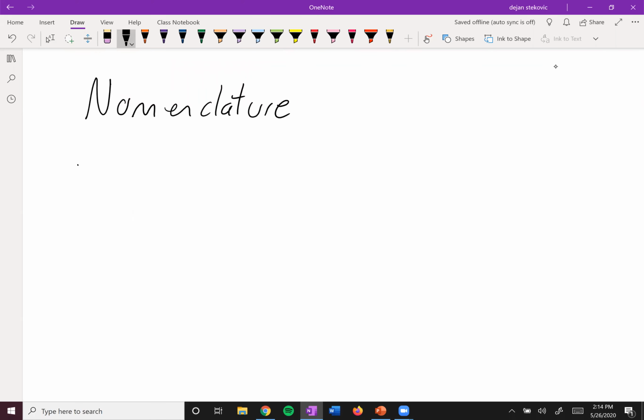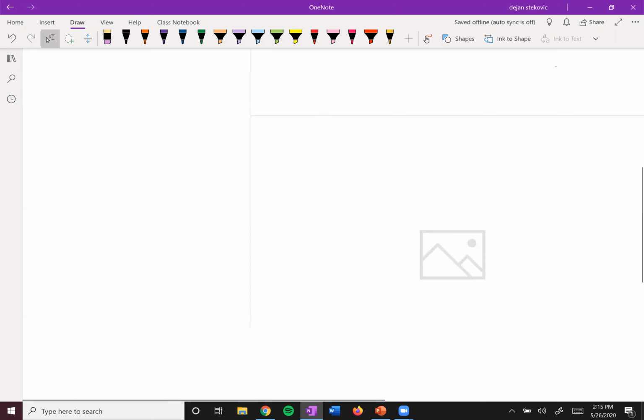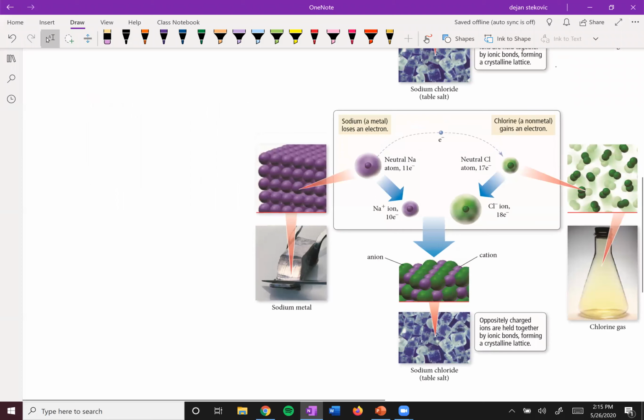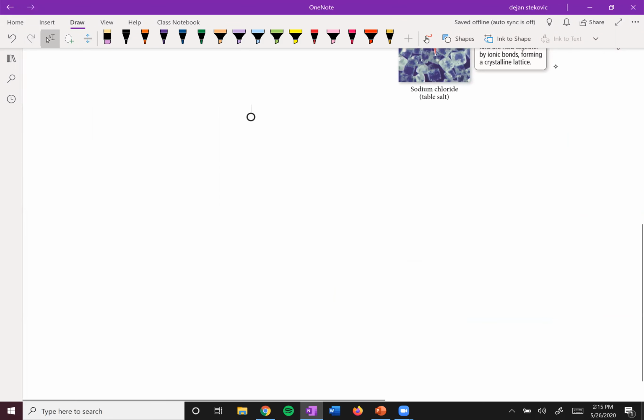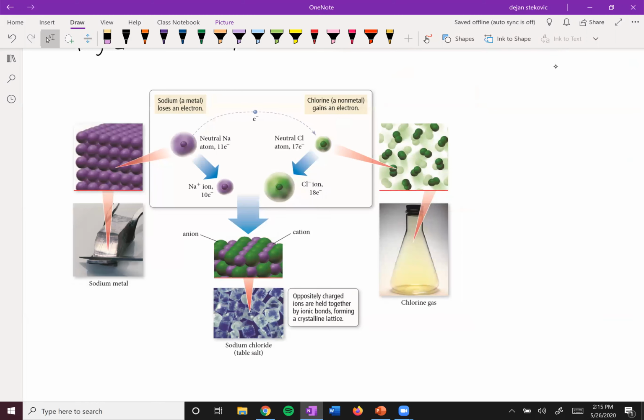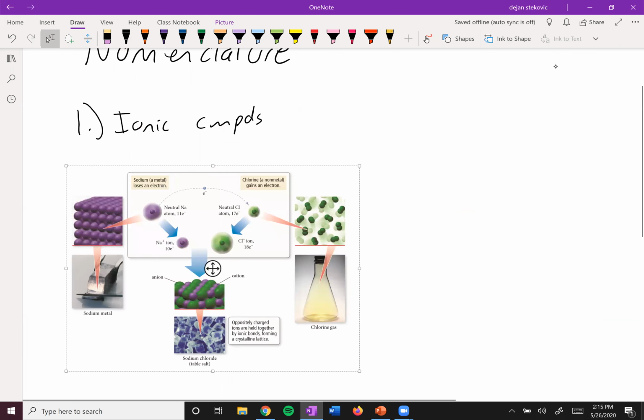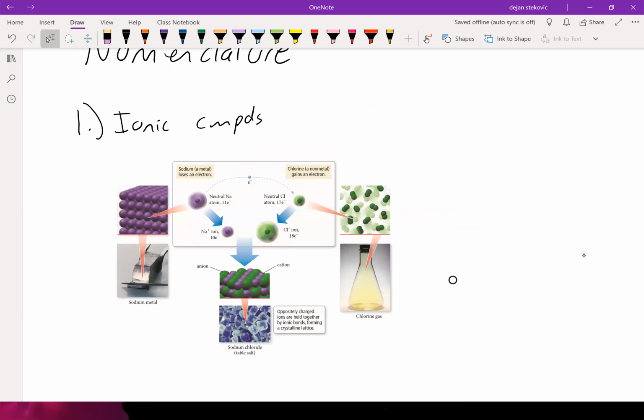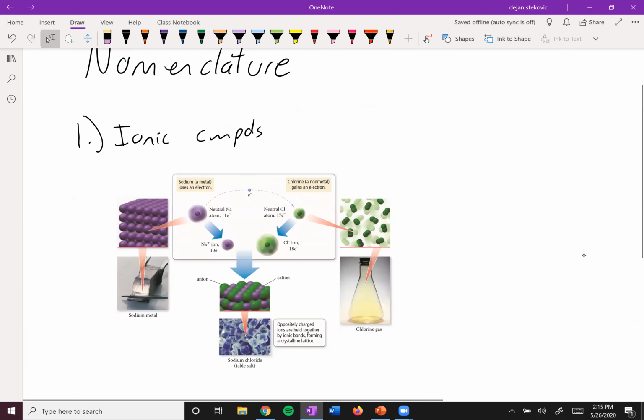The first thing we're going to start off with is our ionic compounds that we learned about a bit already. So remember, ionic compounds are made out of a metal plus a nonmetal, and there's a transfer of electrons. That's what this picture shows. On the left, we have a sodium ion, a metal, and then a chlorine, a nonmetal.